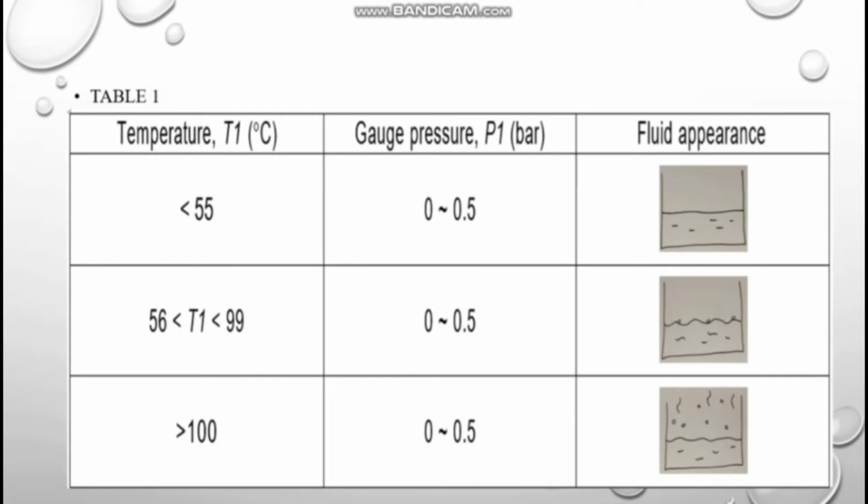When the temperature was around 56 to 99 degrees Celsius and the gauge pressure remained the same, 0 to 0.5, we could see some air bubbles forming around the plate. When the temperature is above 100 degrees Celsius and the gauge pressure remains the same, 0 to 0.5, we can see air bubbles and water vapor forming around the fluid.